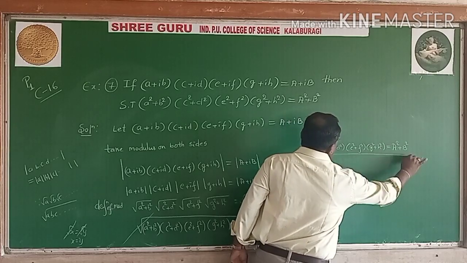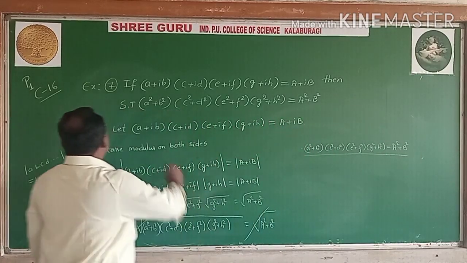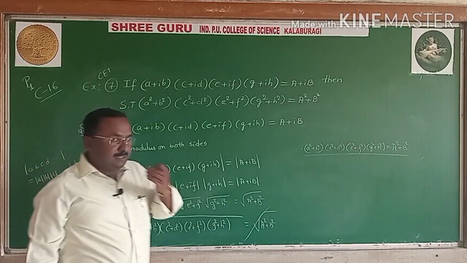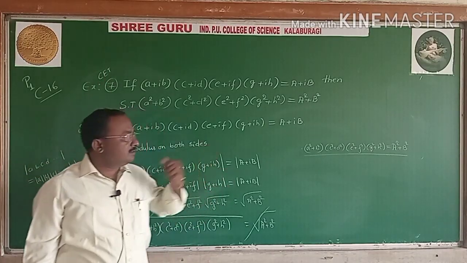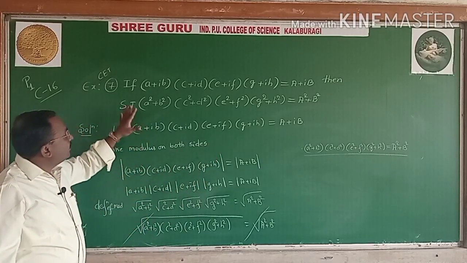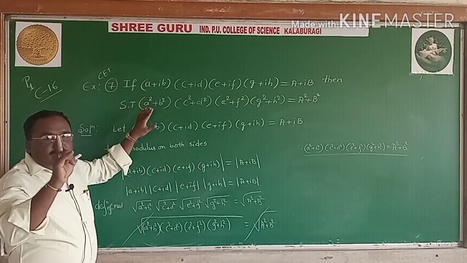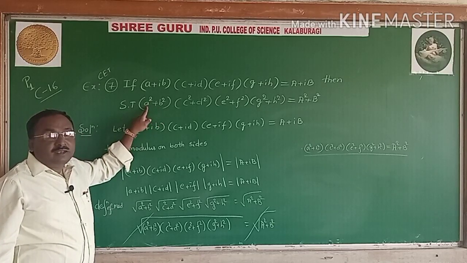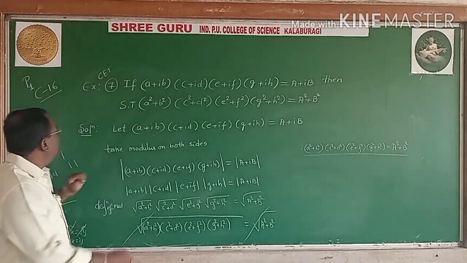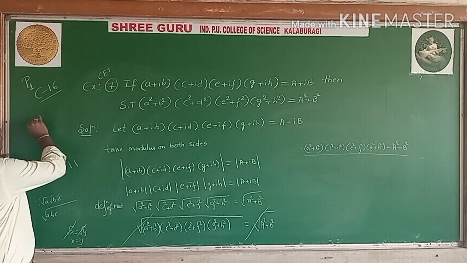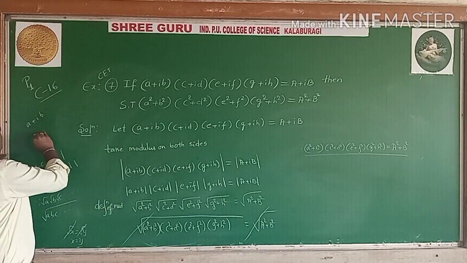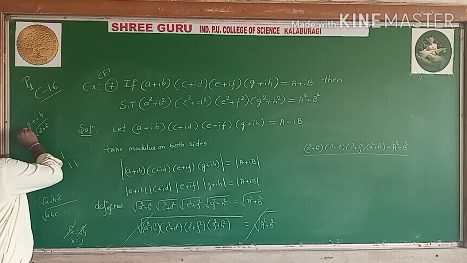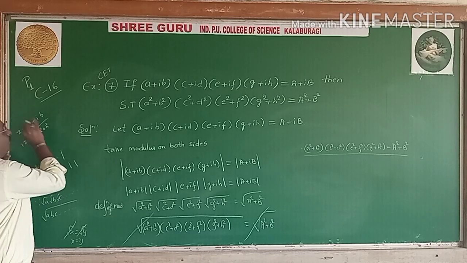This is theory plus CET, a very important point of view. CET also this is helpful. Direct modulus: listen here. Show that, keep it in your mind. Show that is very important. A square plus b square is real part square plus imaginary part square, so for any complex number in a plus ib form, real part square plus imaginary part square, definitely take modulus on both sides.